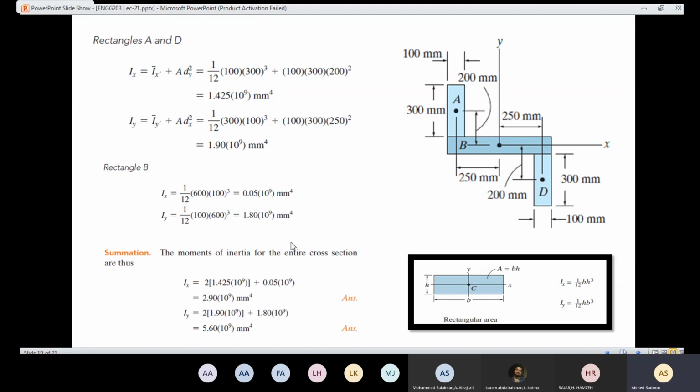Now I'm going to make the summation for the x-axis and for the y-axis. For the x-axis, I'm going to multiply by 2 because I have A and D. For part B, it is going to be put as only 1. Similarly, about y, I'm going to multiply by 2, and this one is going to be as it is.